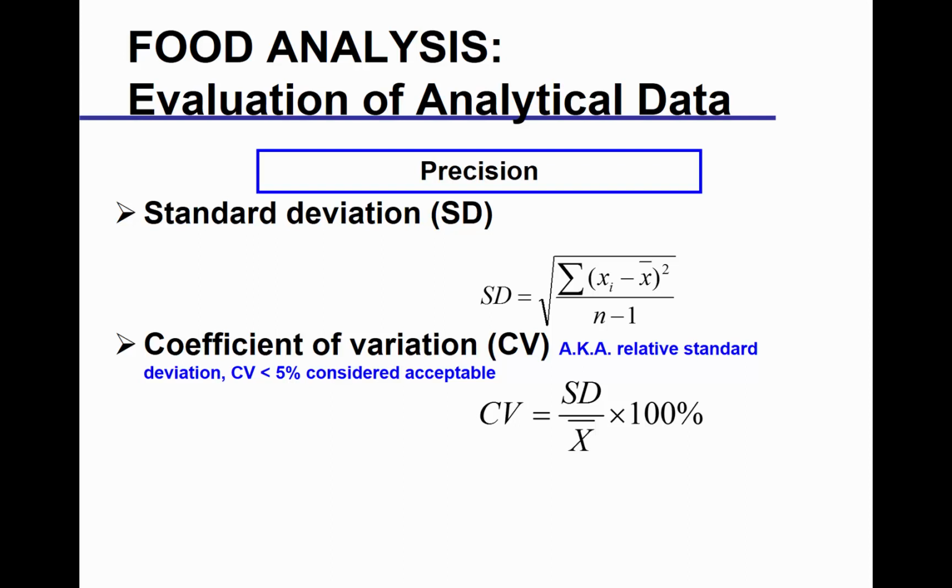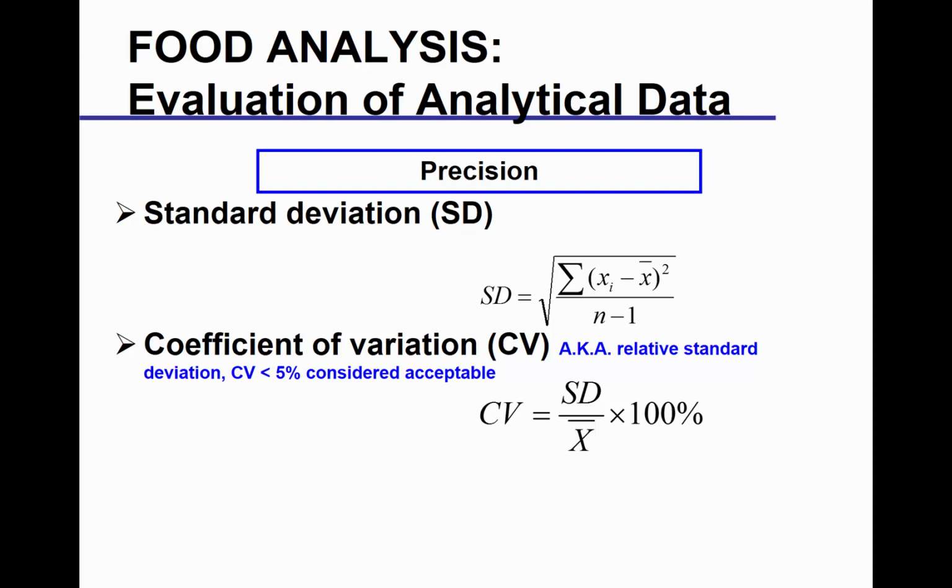Here, you got 92% protein, and your standard deviation is, we didn't do IR, we did Dumas. And we got 92% plus or minus 2.76%.